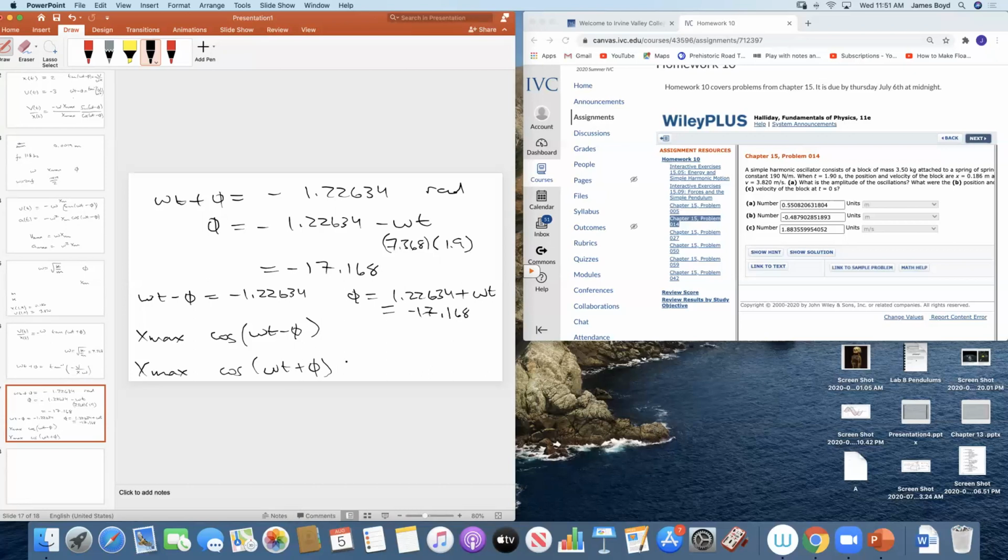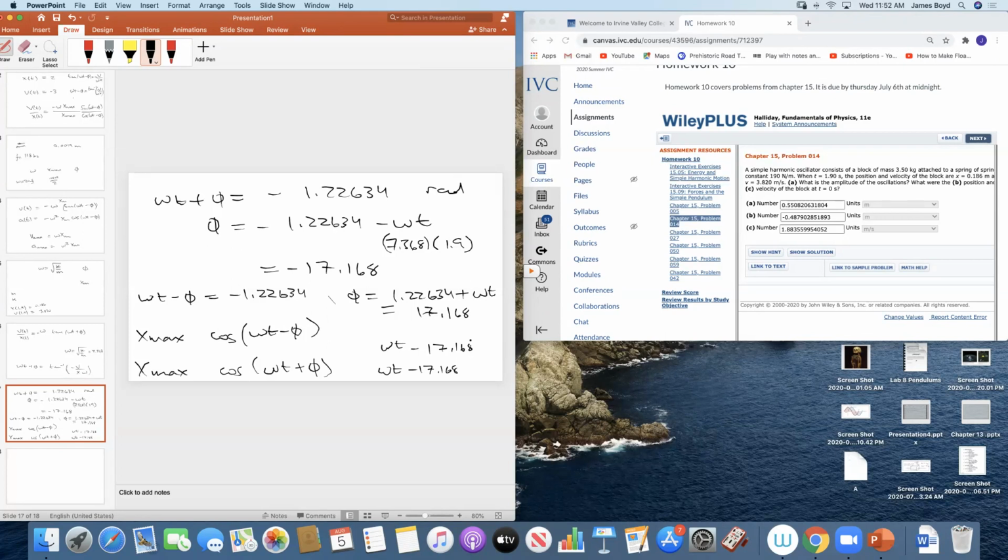Now, if you do their equation, you get omega t minus 17.168. You do my equation, you get the same thing, sorry. So it's kind of a perspective thing.